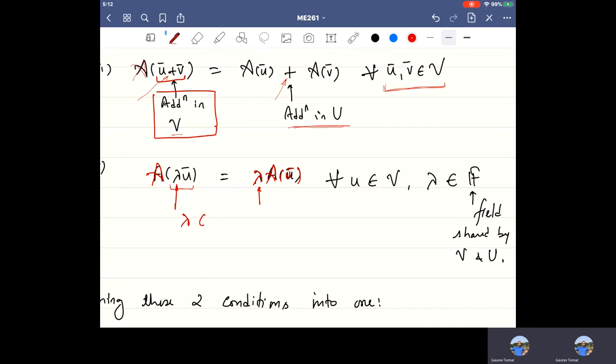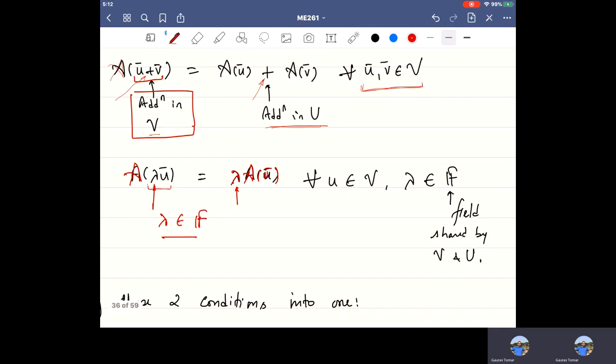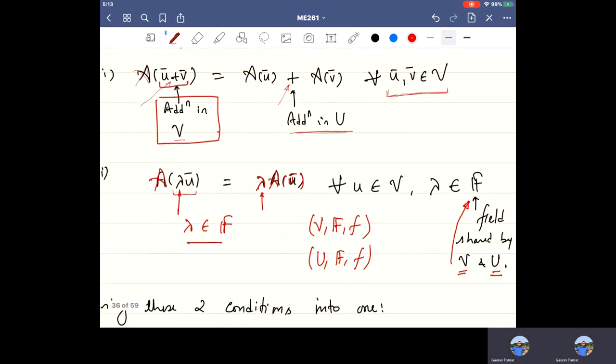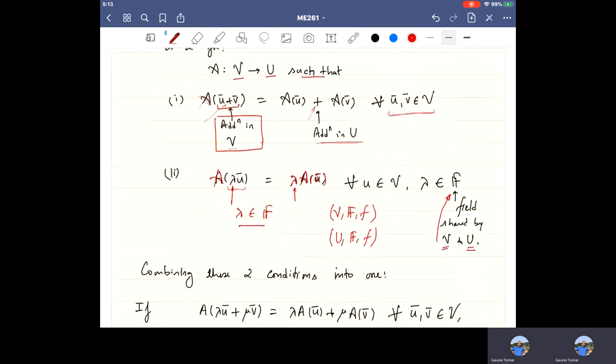So this also says the kind of mappings that can take place. So it means that when you define the vector space V and the vector space U, they're sharing the same field. So the triple V, F, and the scalar function is also there in U, F. That thing you have to keep in mind, and that's when you get this property for the linear transformation.